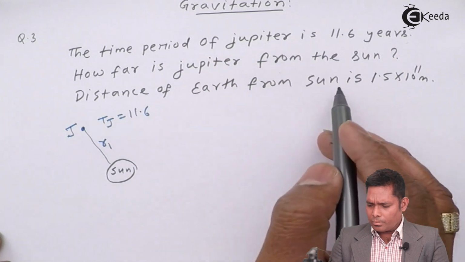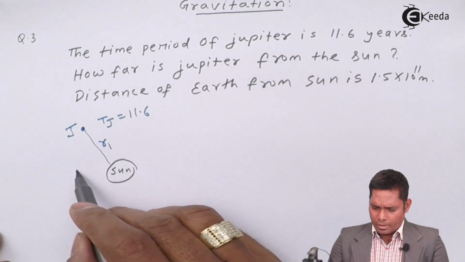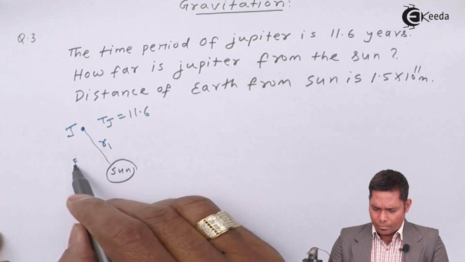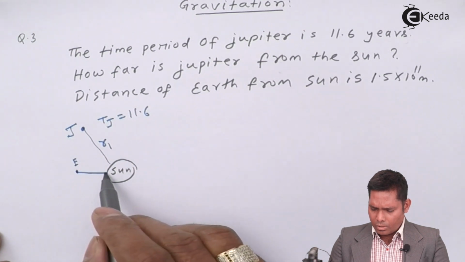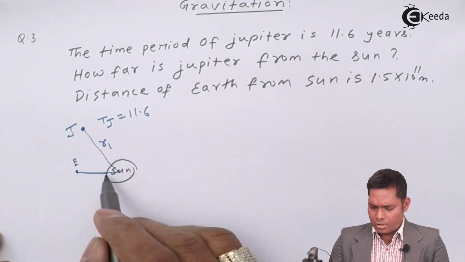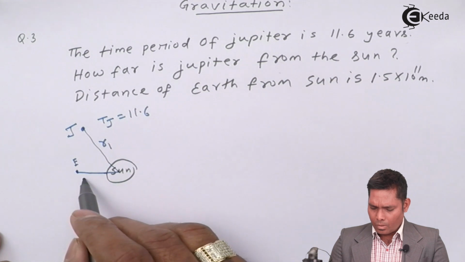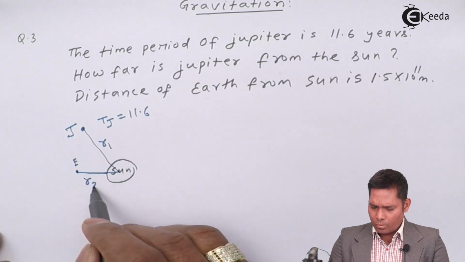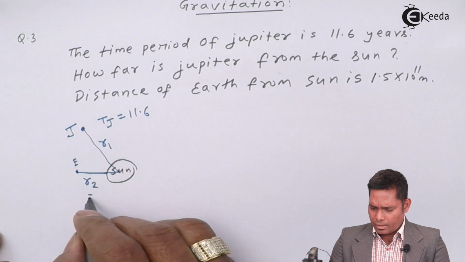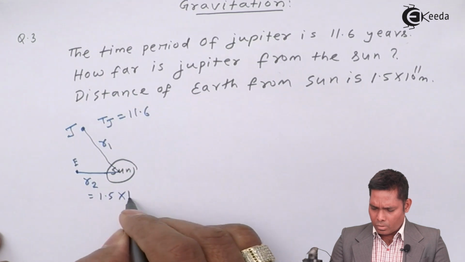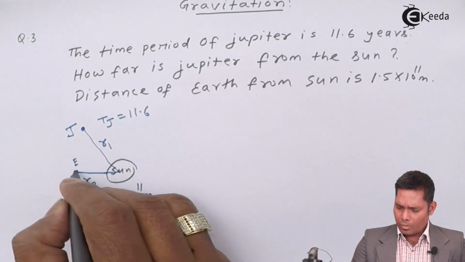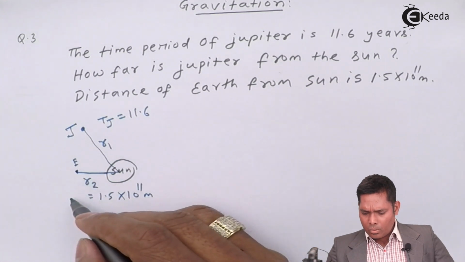Suppose there is another planet here, Earth. The distance of Earth from the Sun, obviously from the center of the Earth, is R2, and R2 is given as 1.5 × 10^11 meter.